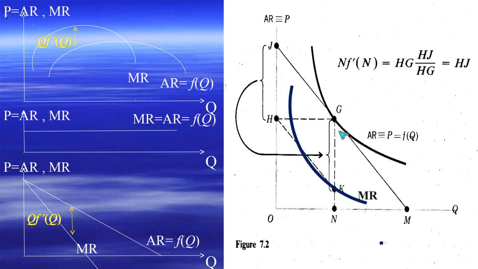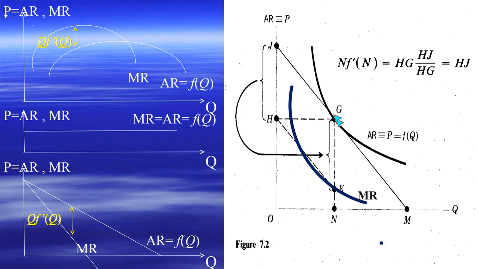You can obtain it as well. This is n times f prime of n by n. Then you obtain the slope of this line, which is the tangent line to the average revenue at the point n, which is the slope of average revenue.